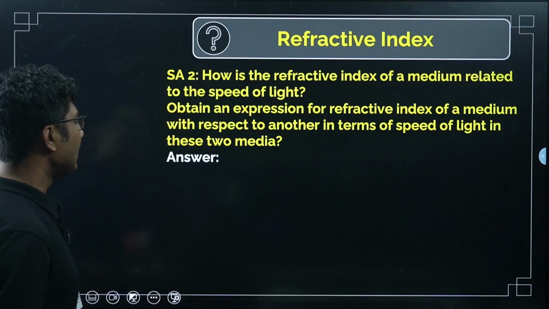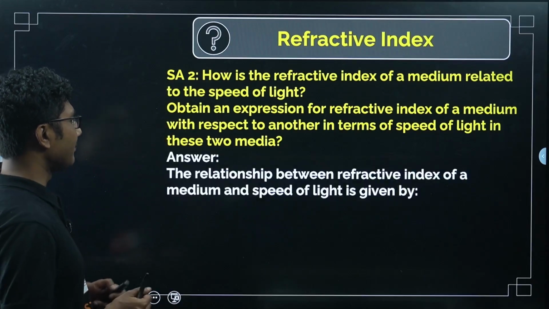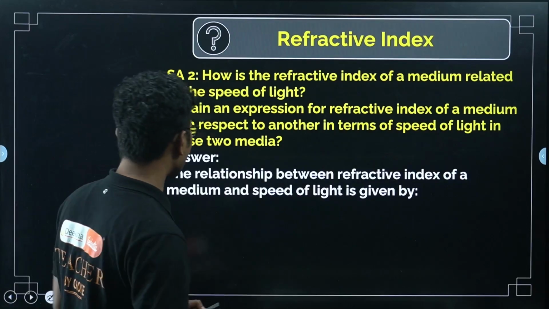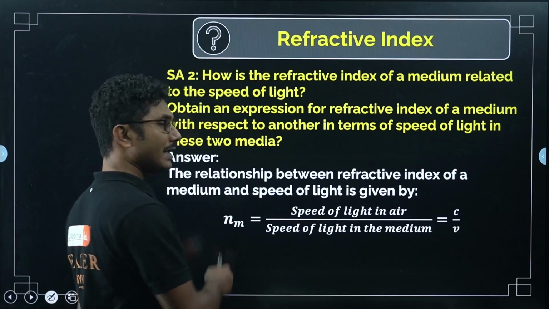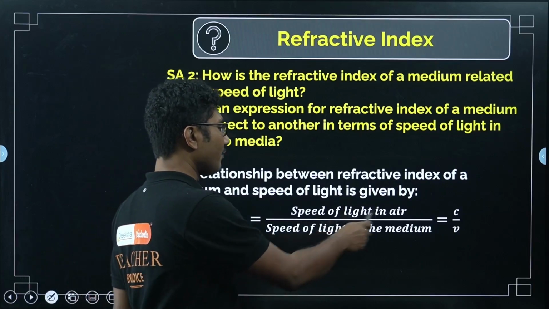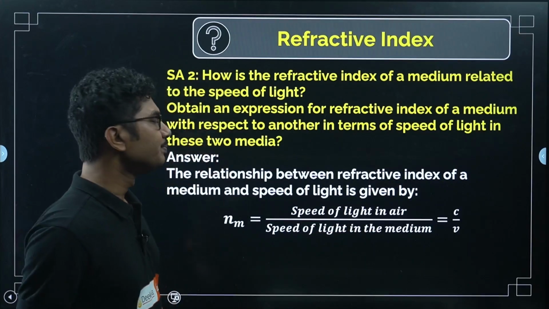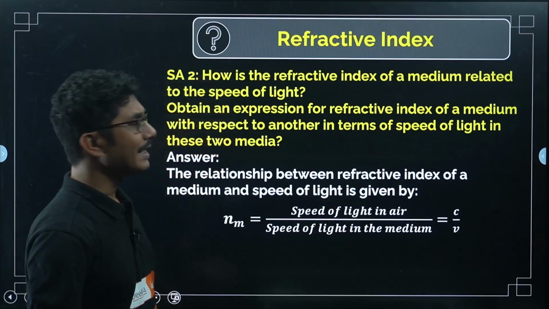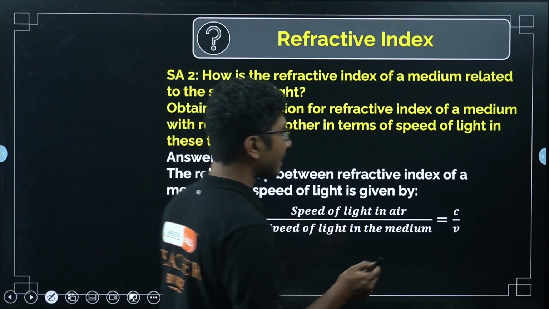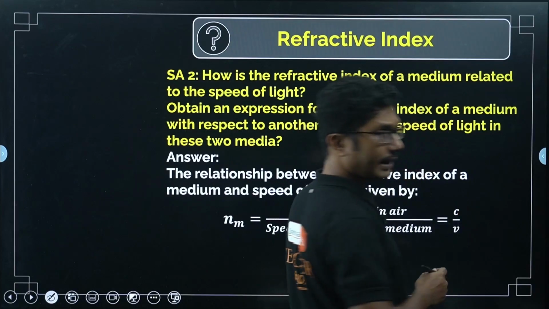First of all, the relationship between refractive index of a medium and speed of light: the refractive index of a medium is the speed of light in air or vacuum or free space divided by the speed of light in that medium. So refractive index is basically C by V.